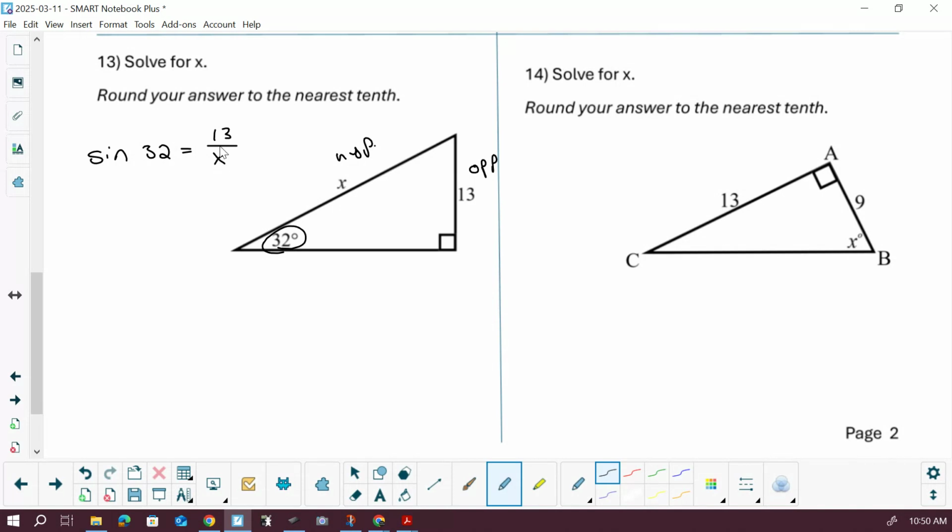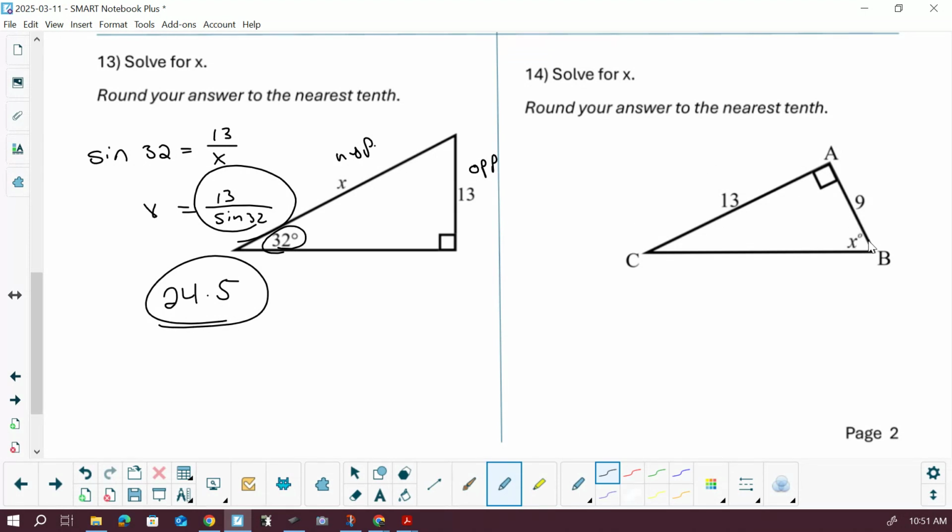When the x is in the denominator, we have a shortcut where these trade places. So the x is here. The sine 32 goes down here. And this is literally what you're going to type into your calculator. 13 divided by sine 32 equals. And we get 24.53, so 24.5.